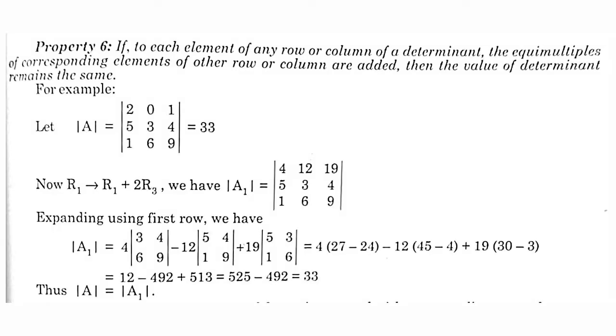Right students? Property number 6: if each element of any row or column of a determinant is added to the equi-multiples of corresponding elements of other rows or columns, then the value of the determinant remains the same. Here you can see a determinant having the value 33.